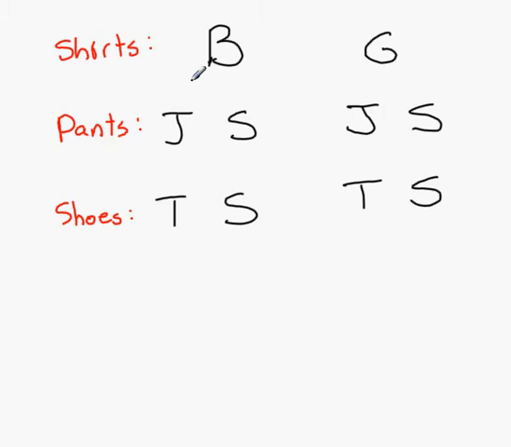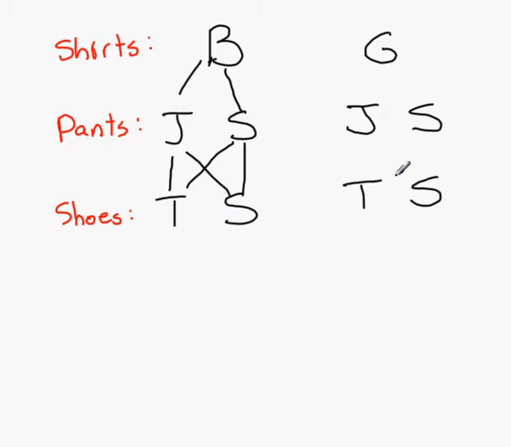So you could wear the blue shirt with jeans and tennis shoes. You could wear the blue shirt with jeans and sandals. The blue shirt with the sweatpants, do you want them with tennis shoes or sandals? So all of these different kinds of tree diagrams would work.